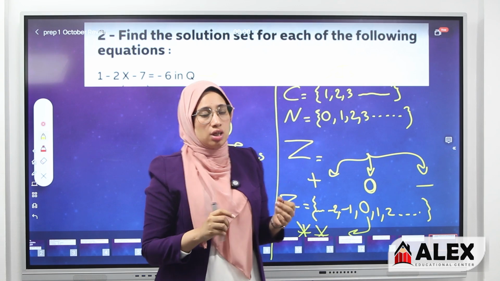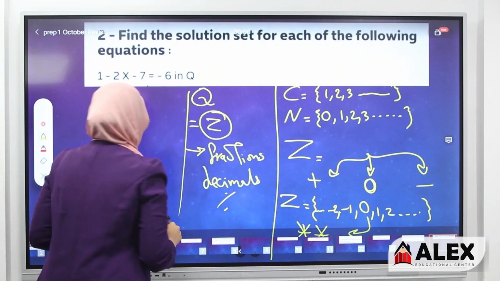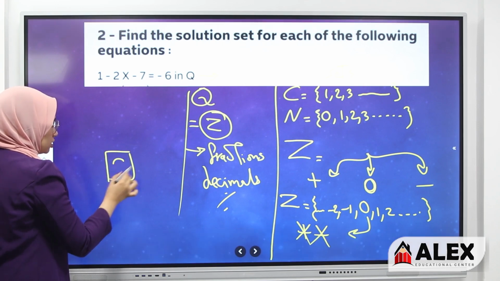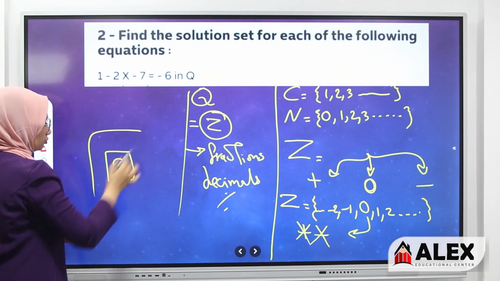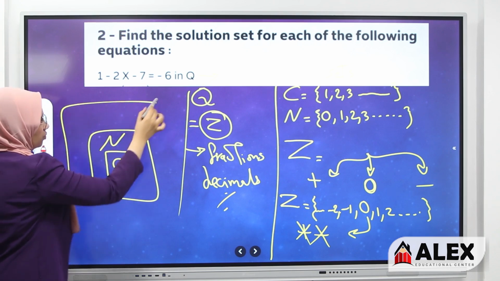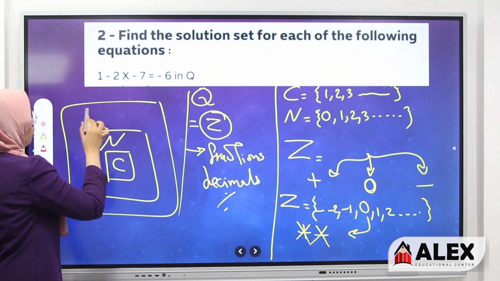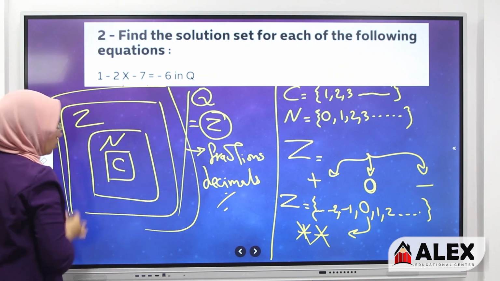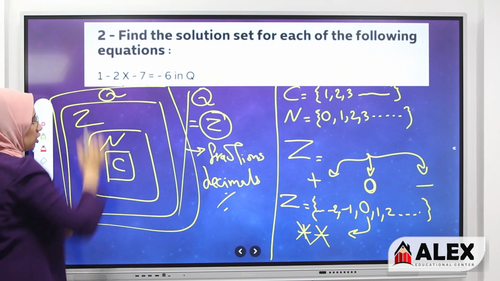And fractions. Then if we write it in a Venn diagram, we put here the counting number, then the natural number, then the bigger one is what? The integer number. The greatest one here is the irrational number.